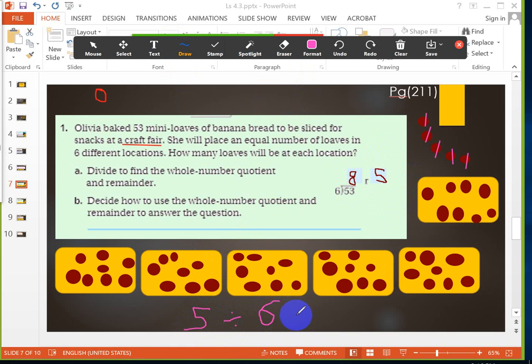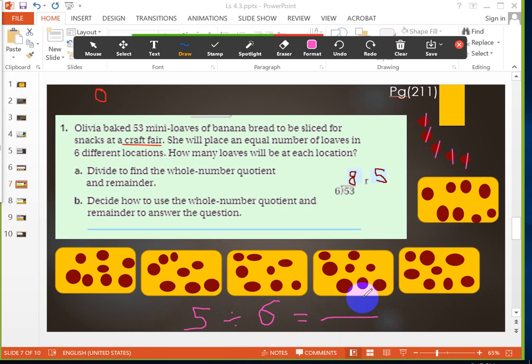That means I will write it as a fraction, as we learned in the first example in this lesson. So you have to put what? Remainder over divisor.